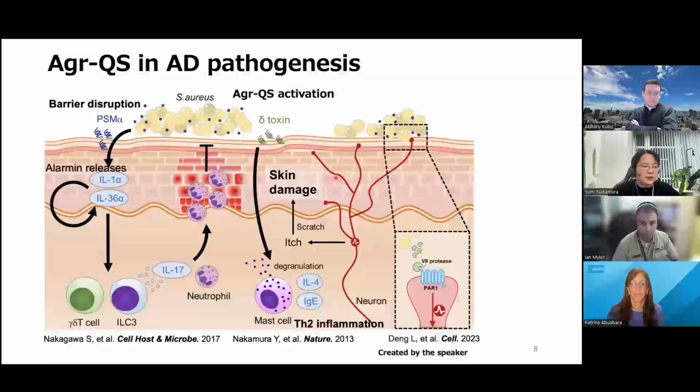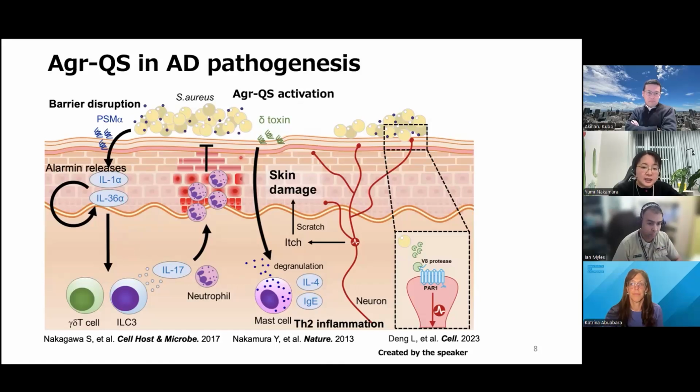Our research team has been studying how Staph aureus proliferates on the skin and contributes to the pathogenesis of atopic dermatitis. On the skin where Staph aureus grows and its AGR quorum sensing system is activated, as shown here, downstream PSM alpha production damages epithelial keratinocytes. This damage leads to the release of alarmins such as IL-1 and IL-36, which triggers IL-17 dominated inflammation.